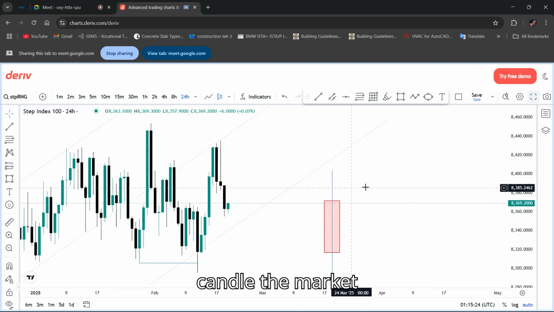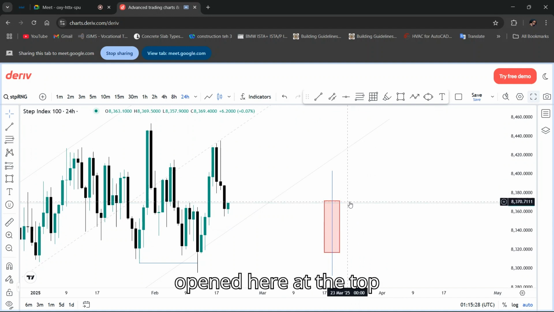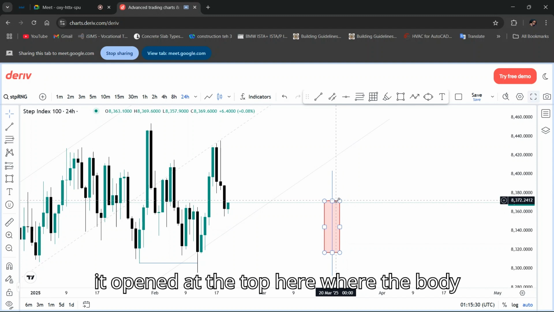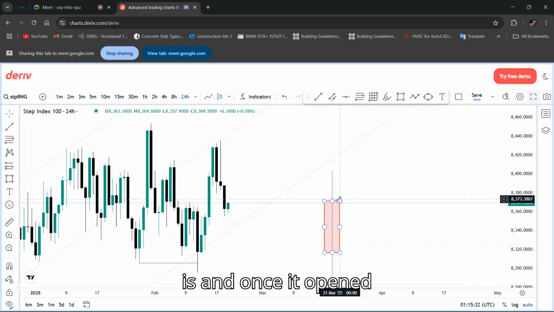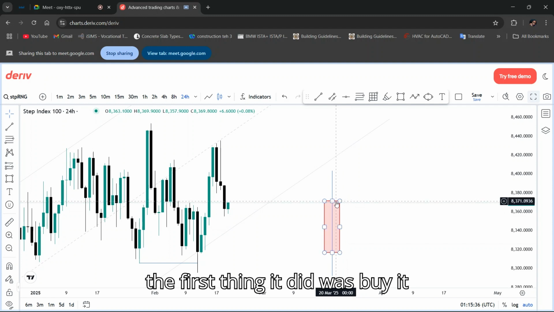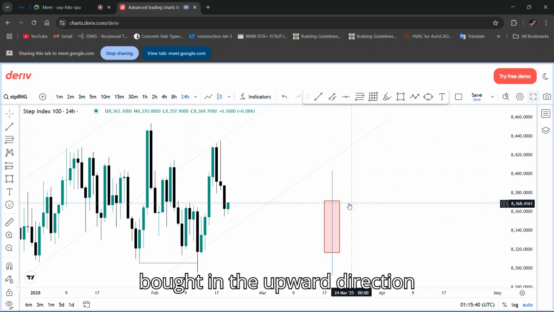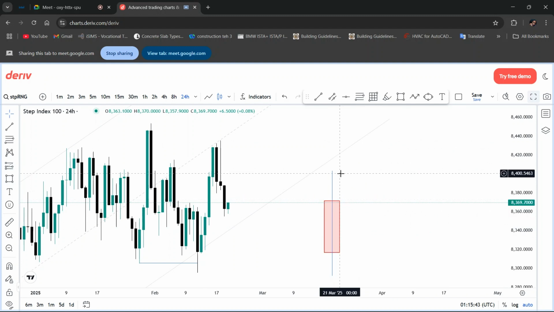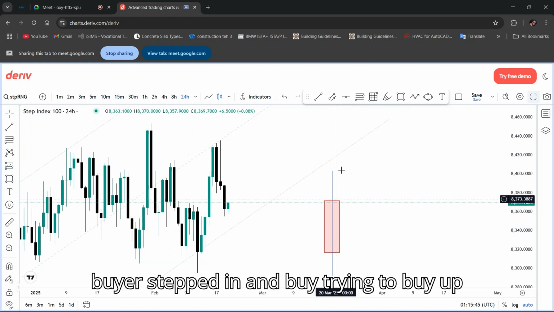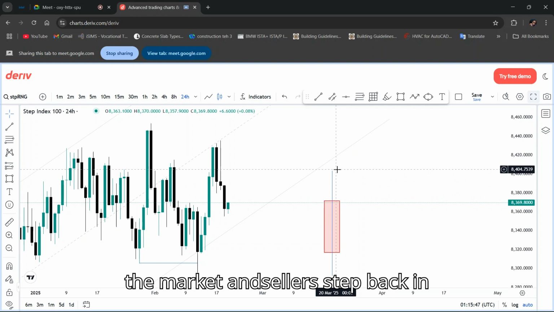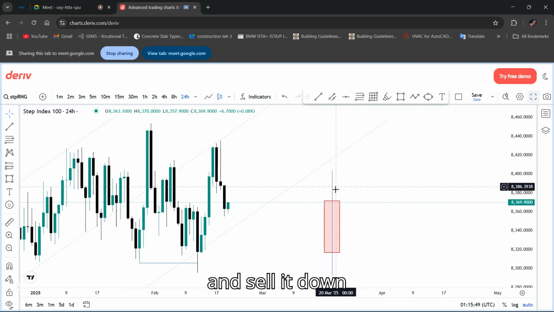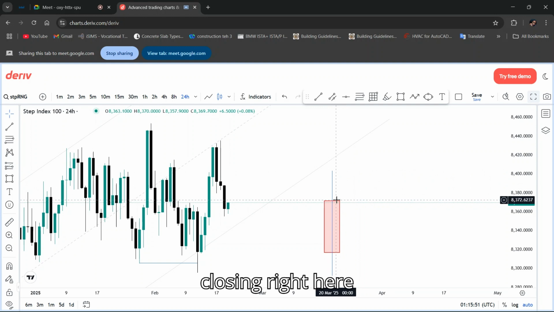So on this sell candle, the market opened here at the top, where the body is. Once it opened, the first thing it did was buy, in the upward direction. Buyers stepped in trying to buy up the market, and sellers stepped back in and sold it down, closing right here.